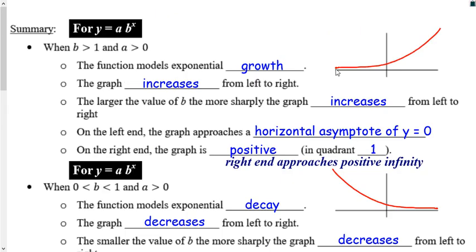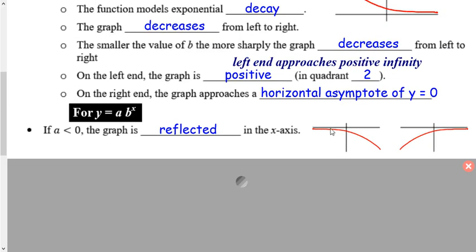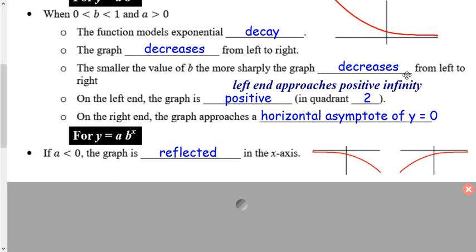The left end was along this horizontal asymptote. Similarly, this left end is along the horizontal asymptote, but the graph decreases. So this graph here is a reflection of that first one, where the b value is greater than 1. Here, this is a reflection of this second graph up here, where the b value was between 0 and 1.